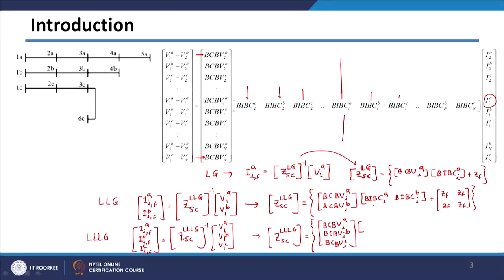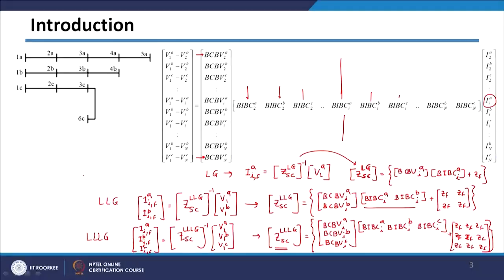And here we need to take the columns of all the three phases of the BIBC matrix, BIBC of A phase, B phase, and C phase, plus there will be the ZF matrix of 3 by 3 size. So this will be your short circuit matrix for triple LG fault.